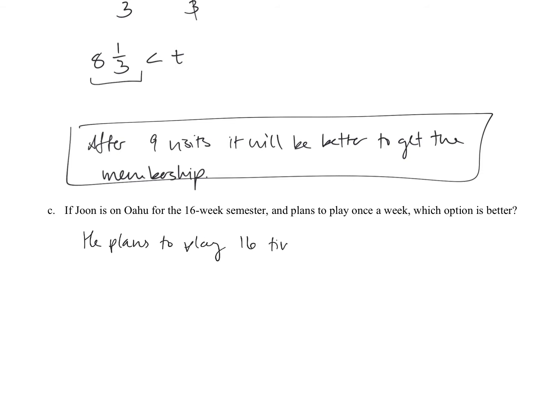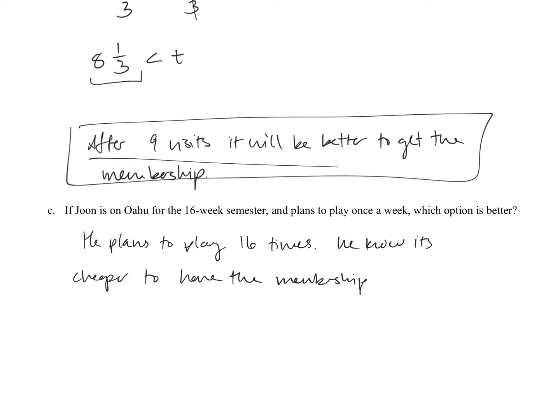We know it's cheaper to have the membership if he plays 9 times, 9 visits. So what do we then know? So it's better that he gets the membership.